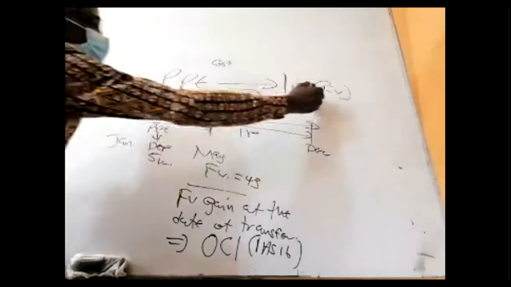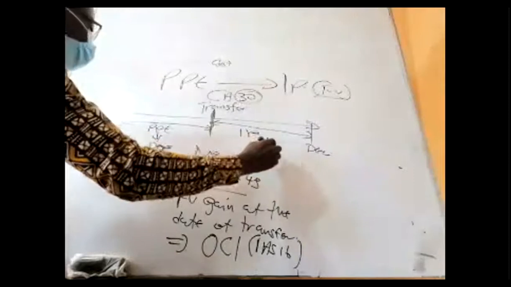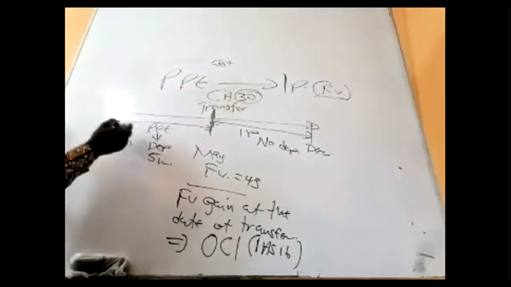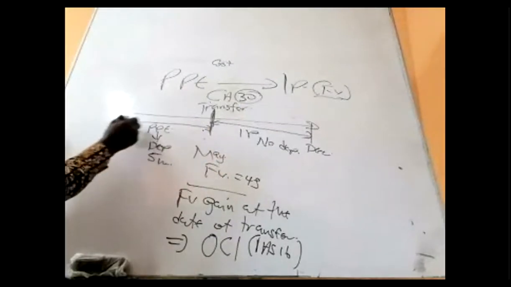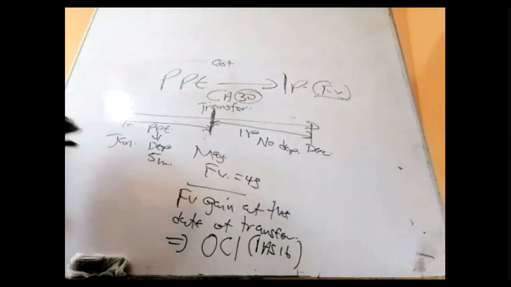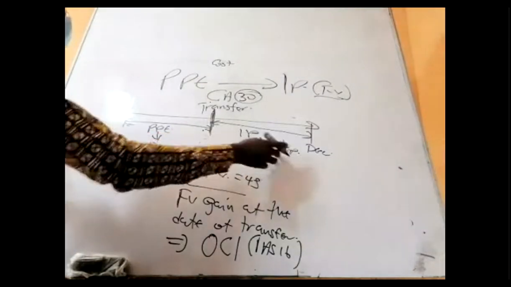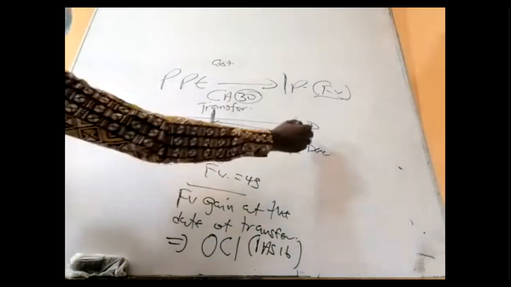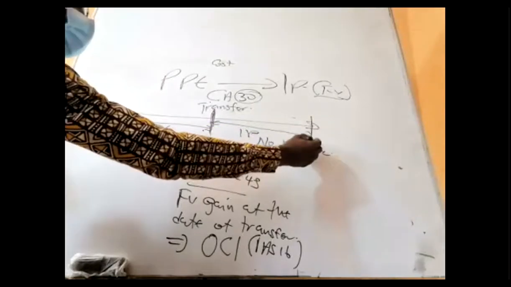And you know, with fair value there is no depreciation. So the only depreciation for that particular year will be the period that the asset was PPE. No depreciation when the property becomes an investment property. That is all. Then at the end of the reporting period, something will happen.